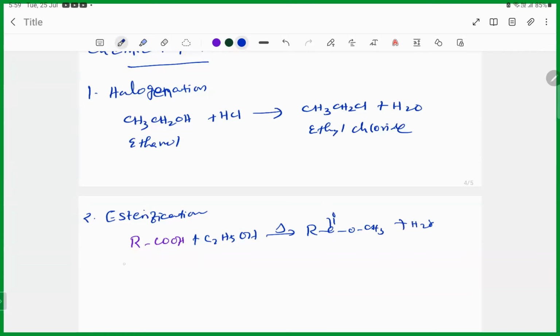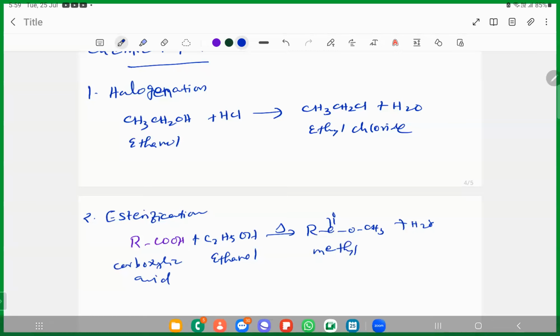So this is carboxylic acid, ethanol, giving an ester. Carboxylic acid, yes. So the name will become alkyl carboxylate.